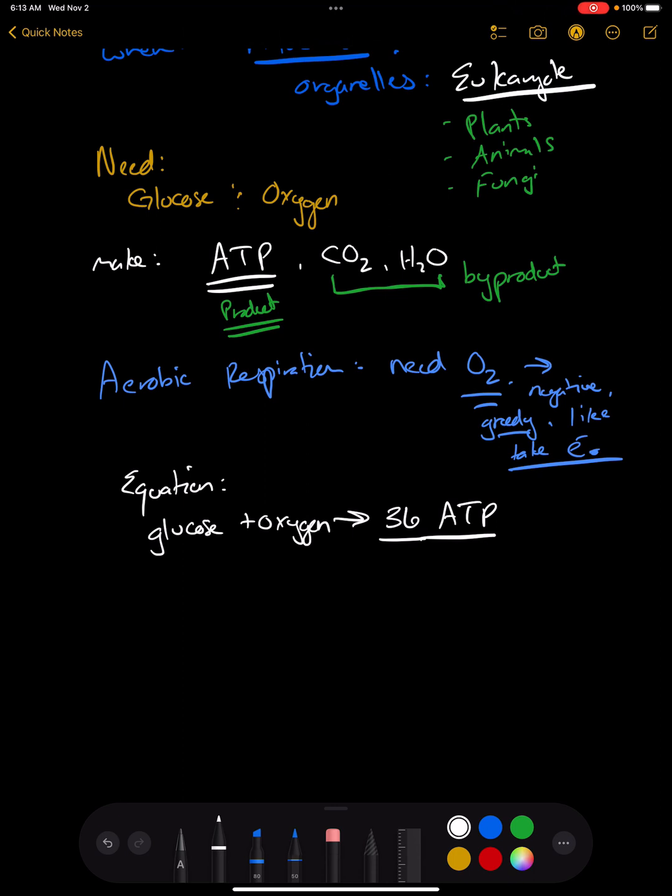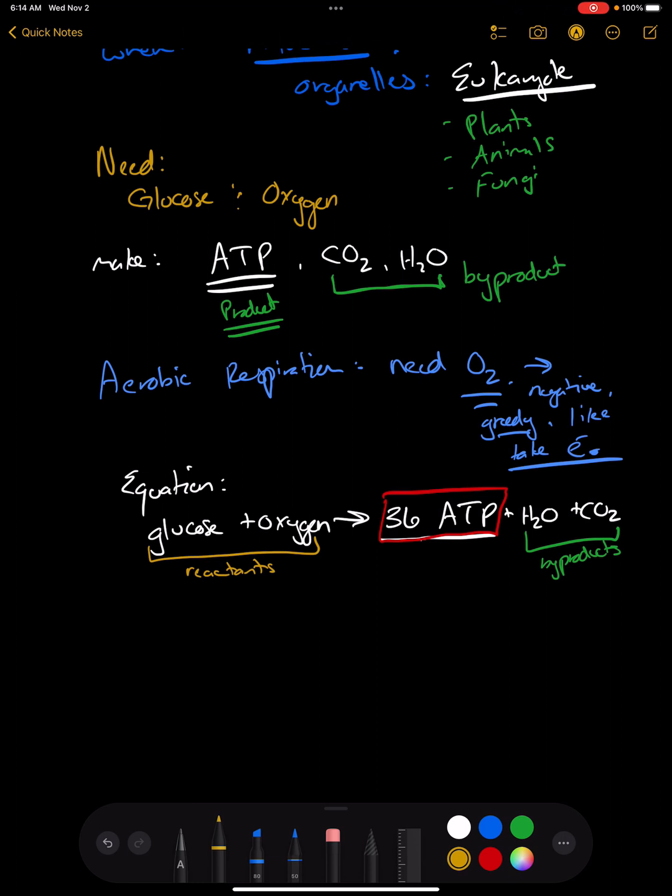This is what I want. And then I'm also going to make water. I'm also going to make CO2. Now remember, these two things right here are my byproducts, something that's being made, but I don't necessarily need. The 36 ATP is what I want. And then, of course, since it's a chemical reaction, I can name the things I have to do it. These are called my reactants, okay?